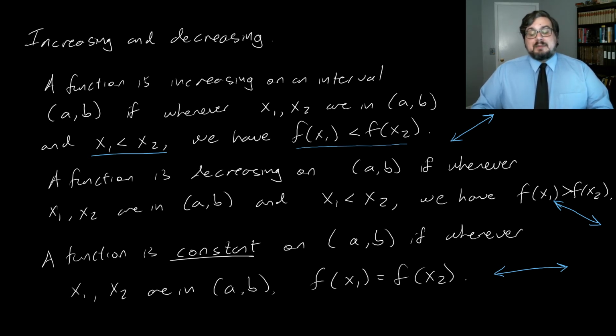Another way of thinking about this is that a function is increasing if it sort of has positive slope. Now, only lines have slope, but this is the same sort of idea that we had when we talked about positive versus negative slope. Those same ideas apply to talking about increasing or decreasing functions.